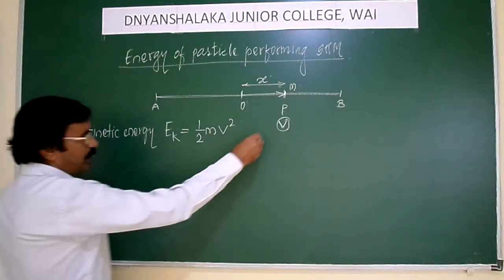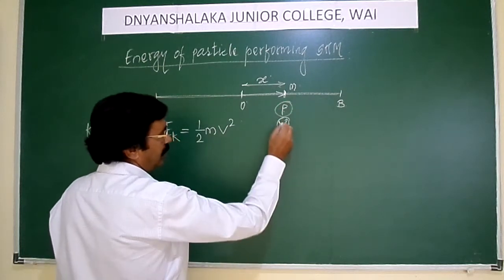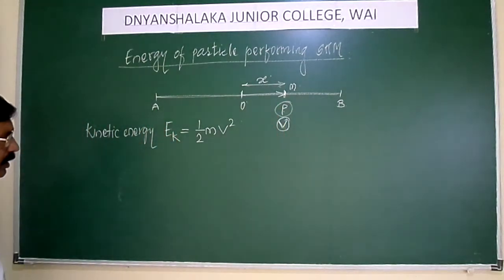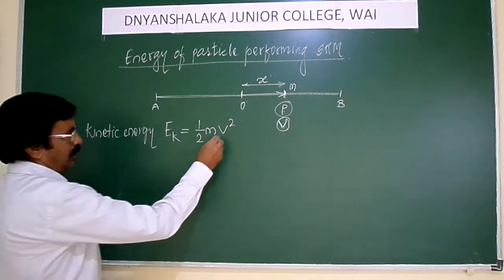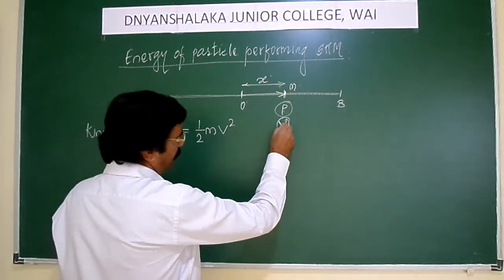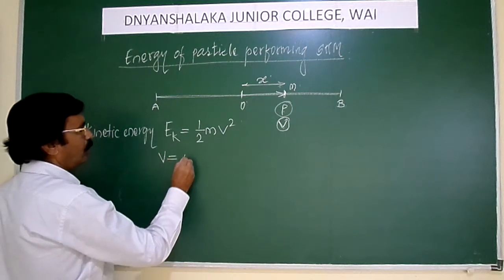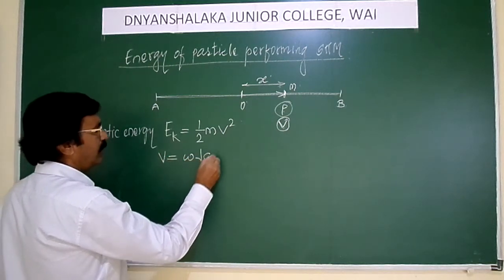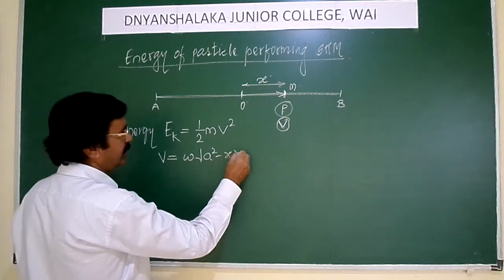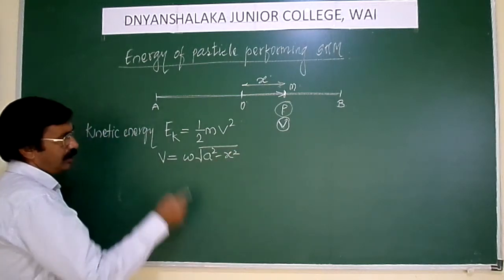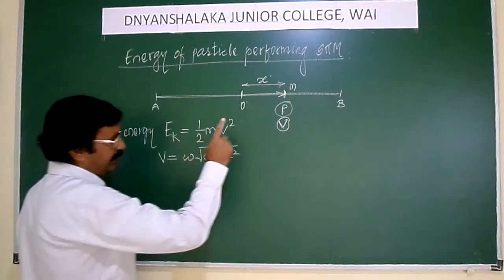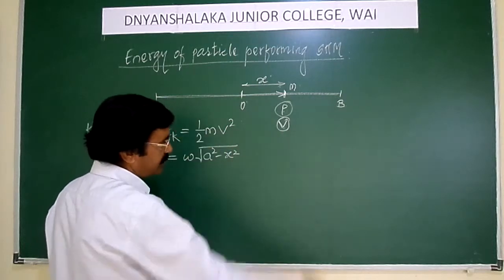Now at any point P, if v is the velocity, then the velocity can be given as v is equal to omega under root a square minus x square, if the particle is moving toward the positive extremity.